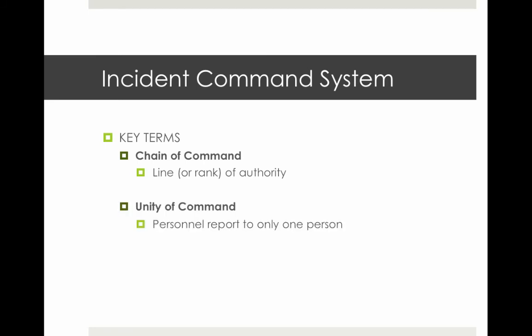Unity of command. If there is to be success at any emergency, each person should only be responsible to report to one boss. And then unified command, which allows incident commanders from multiple disciplines to manage an incident together. In other words, it's a cooperative effort under unified command.